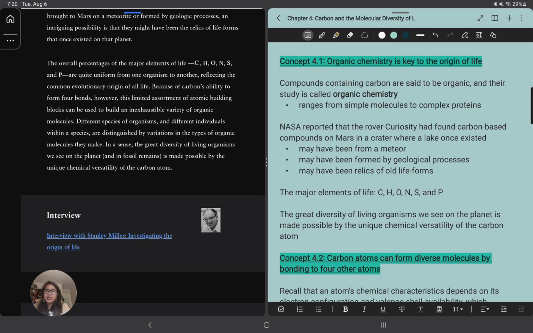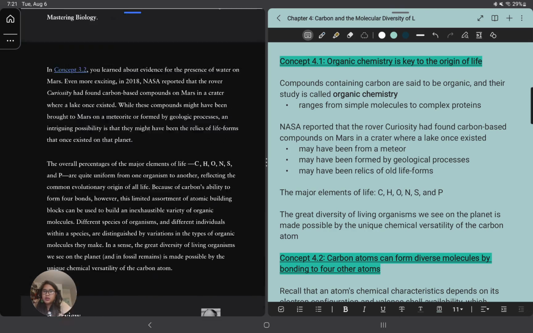Because of carbon's ability to form four bonds, however, this limited assortment of atomic building blocks can be used to build an inexhaustible variety of organic molecules. Different species of organisms and different individuals within a species are distinguished by variations in the types of organic molecules they make. In a sense, the great diversity of living organisms we see on the planet and in fossil remains is made possible by the unique chemical versatility of the carbon atom.